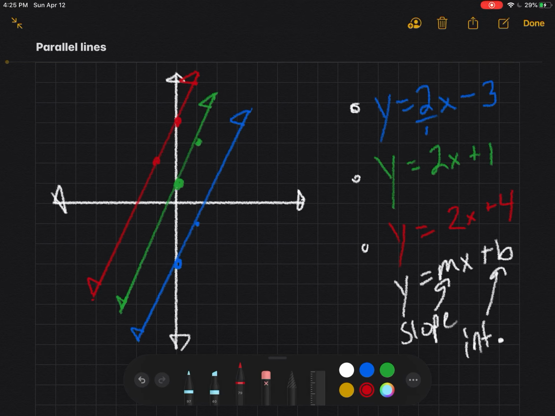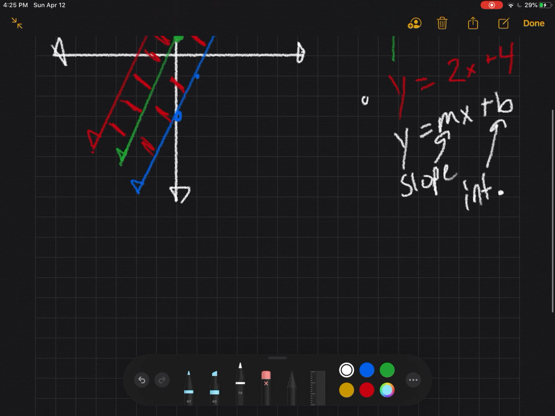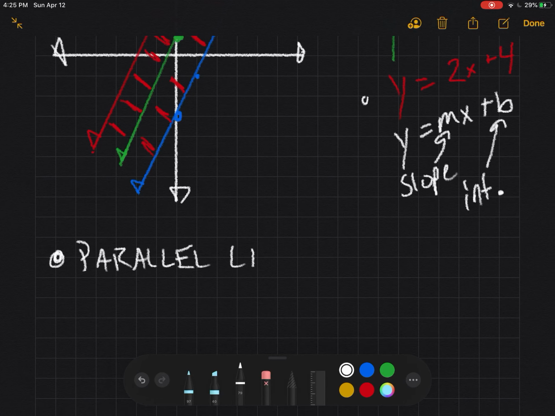So what you see now is I have 3 lines that are going off into infinity. And they're actually never going to touch. They're never going to touch each other. My graph is a little bit off because I'm doing this by hand. But the distance in between these lines, if you have done it correctly, should be the same. This distance is the same.